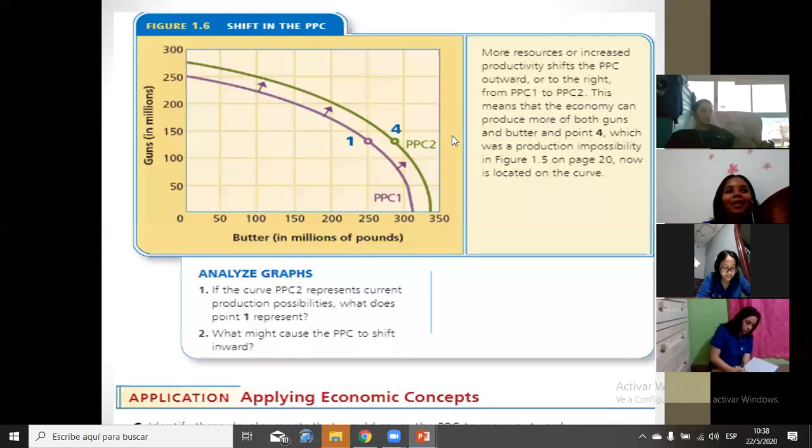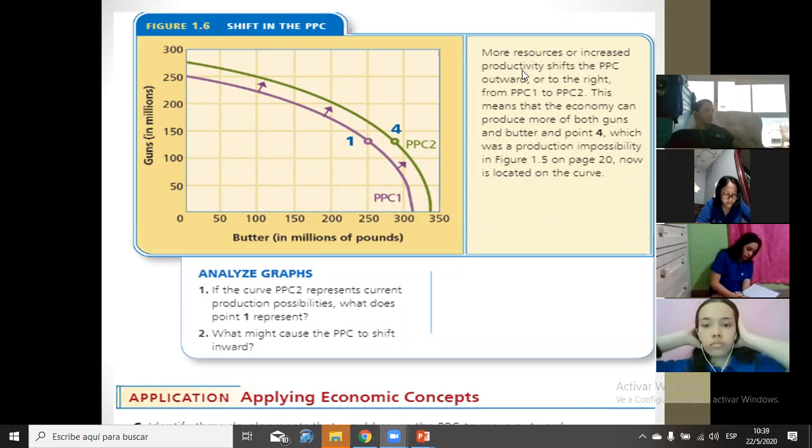Now over here, there is some important information. It says more resources or increased productivity shift the PPC outward, from here to here. This means that the economy can produce more of both.